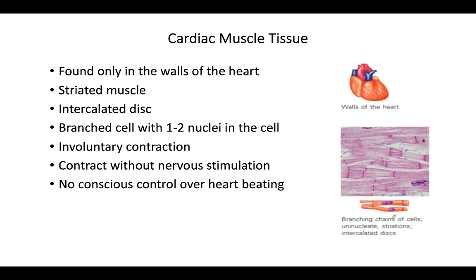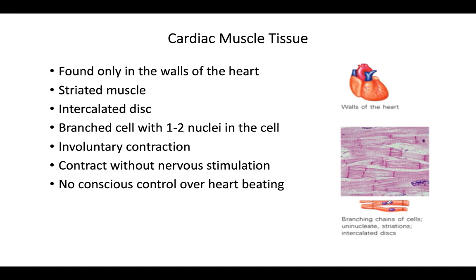Some cells have only one nucleus. Some cardiac muscle cells have two nuclei. Unlike skeletal muscle, cardiac muscle and many smooth muscles are autorhythmic, which means they contract spontaneously at somewhat regular intervals. And nervous stimulation is not necessarily always required for them to contract.